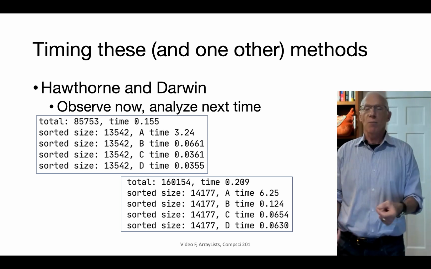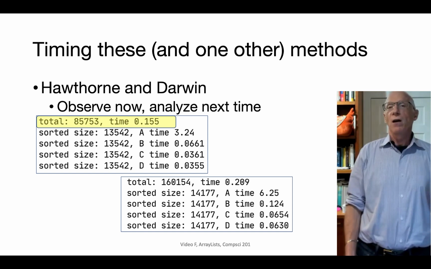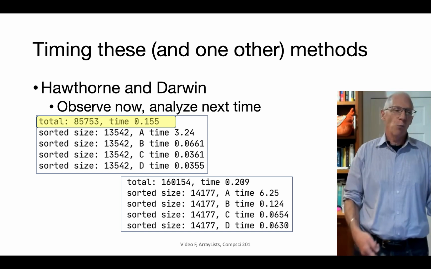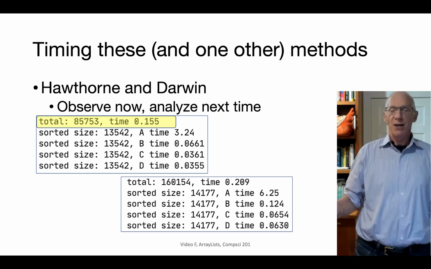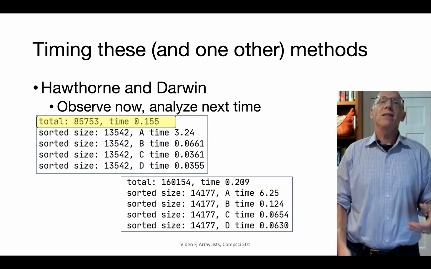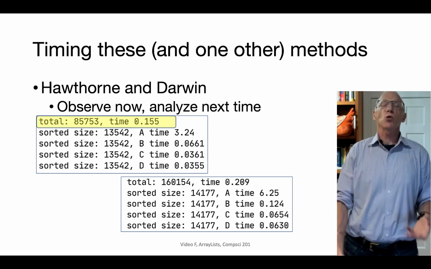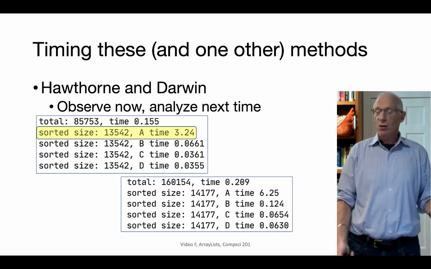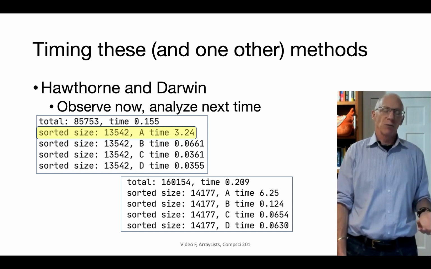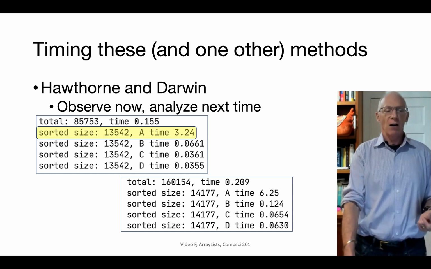These are the times from my laptop that I ran recently, and we can see that when we run Hawthorne's A Scarlet Letter, it takes 0.155 seconds to read all of the 85,000 words, and then these different algorithms for returning the list of sorted unique words, well, one algorithm, A, takes much longer than the other algorithms. We'll see why that's the case when we study these other algorithms.